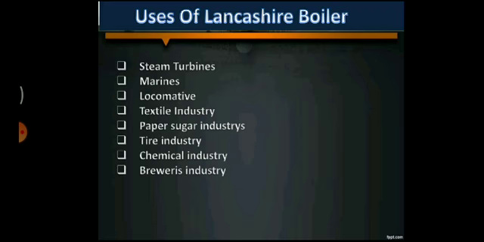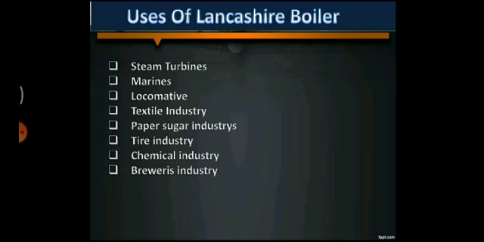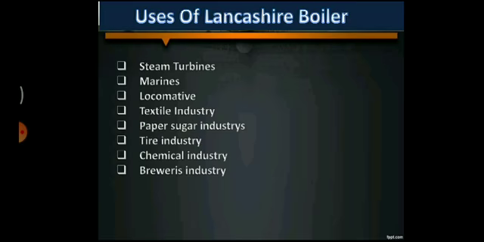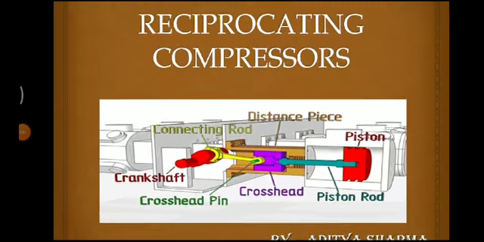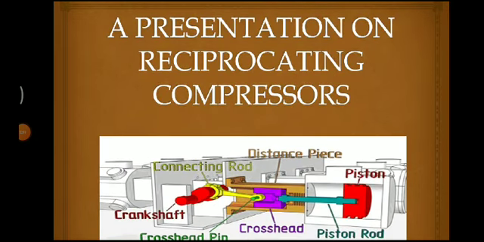Use of Lancashire boiler: steam turbine, marines, locomotive, textile industry, paper and sugar industry, tire industry, chemical industry, breweries industries. So that is where the Lancashire boiler is used. The next topic is the reciprocating compressor.